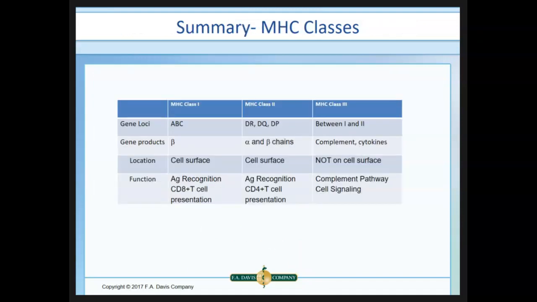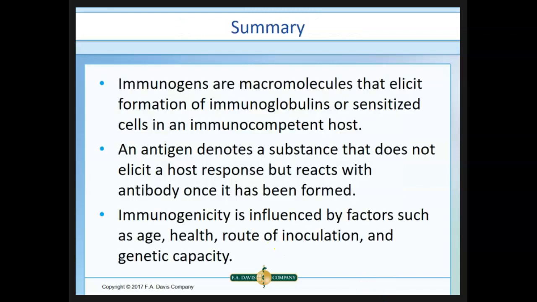Here's a nice table that I made for you so that you can quickly see where MHC class 1 and 2 and 3 genes are located, what products, the location, and their function. And then the summary. Immunogens are macromolecules that elicit the formation of immunoglobulins or sensitized T cells in an immunocompetent host.